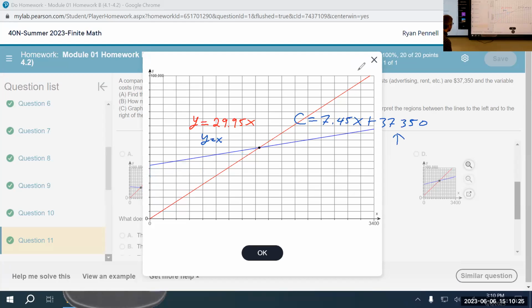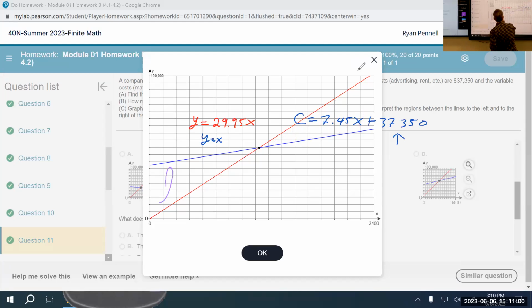So that portion is manufacturing at a loss. Okay, we're making them, we're still making money, but we're losing. So this is at a loss. What does this portion represent? That's the next question. That's profit. Okay.